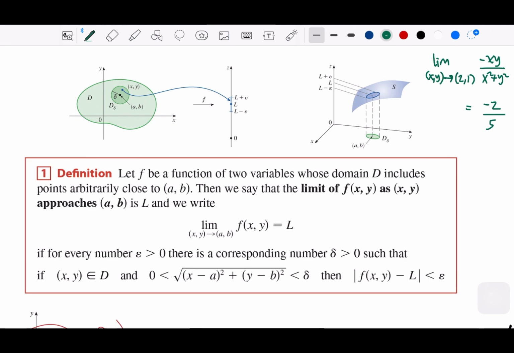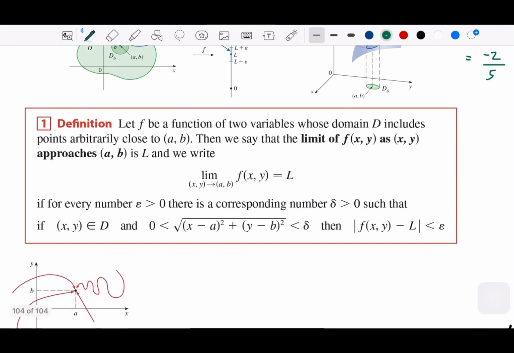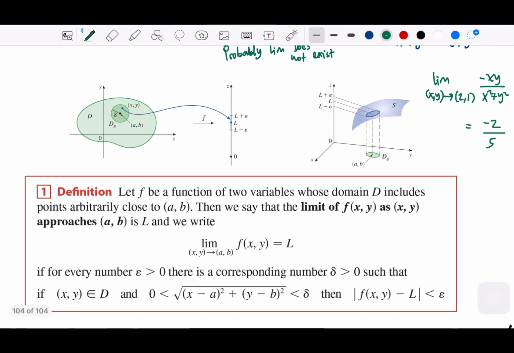And then this is for the delta-epsilon definition of the limit. We still have this one here, but I was just showing you the relations. Okay. So the epsilon is as usual. This is going to be within L, so L plus epsilon and L minus epsilon, which means this is going to have some range here.